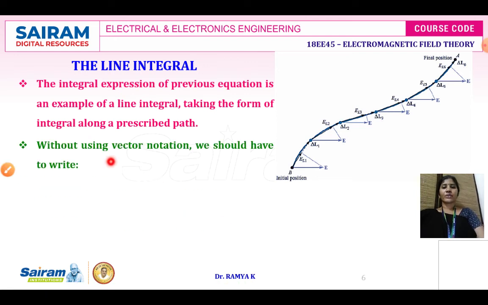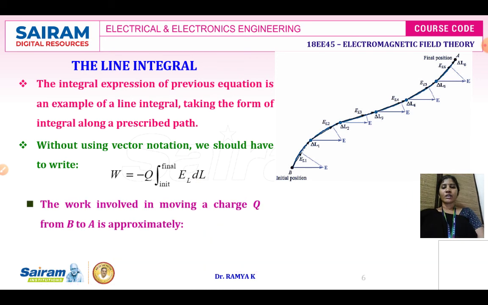Without using vector notation, we write the equation as W is equal to minus Q integral from the initial value to the final value of E_L dot dl. Here the initial value is going to be B and the final value is going to be A. So we can write the work involved in moving a charge Q from B to A approximately as W is equal to minus Q. Your charge is going to move a distance of delta L1 in the presence of your electric field intensity E_L1.